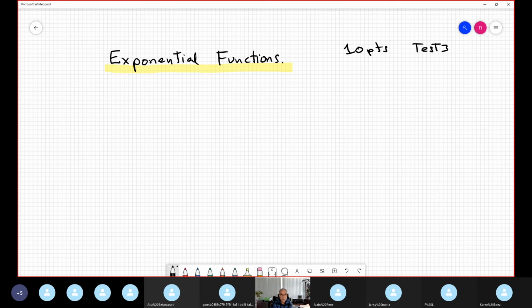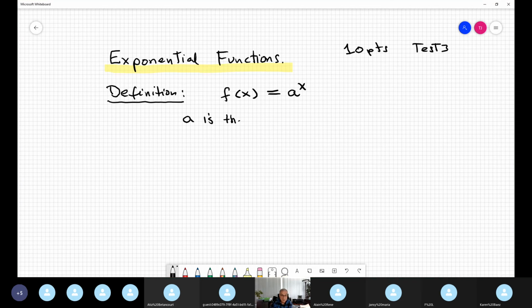Okay? First of all, the definition. Definition of exponential function. It is a function that looks like this: f of x equals a to the x. So a is a number that represents the base.